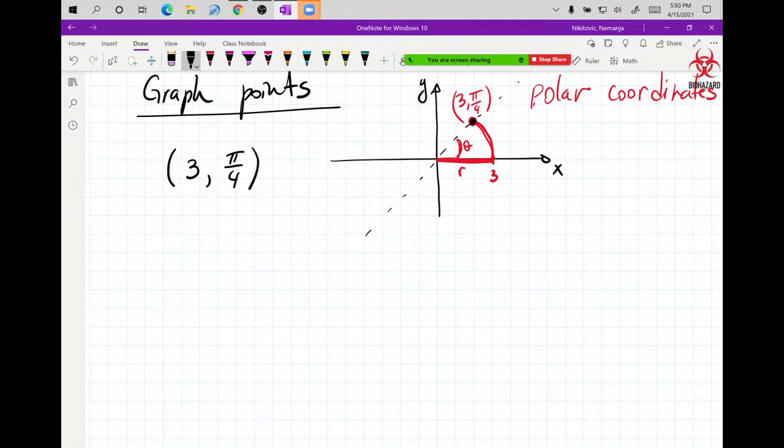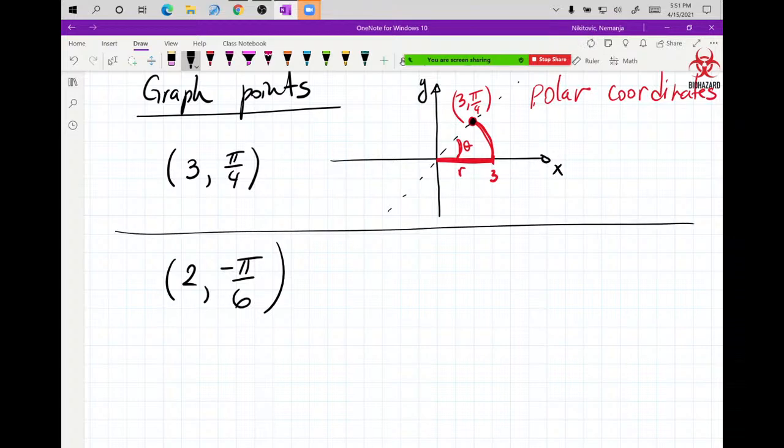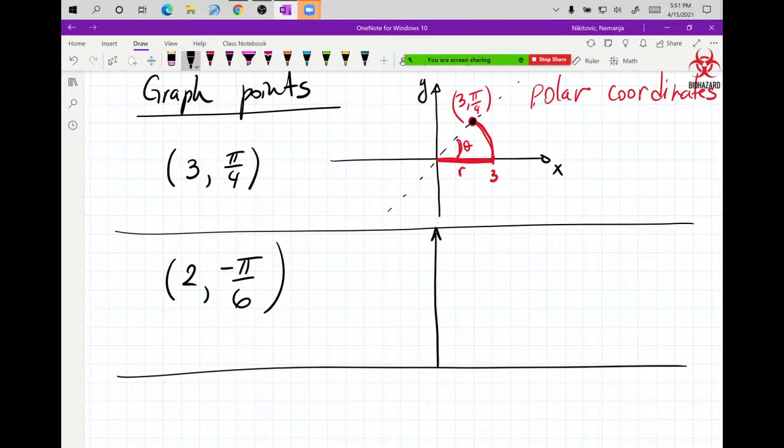Now, let's try another one. How about 2 and negative pi over 6? 2 and negative pi over 6. Well, negative angles.